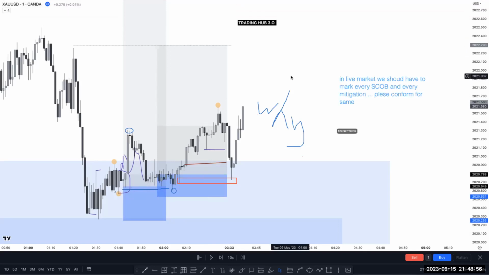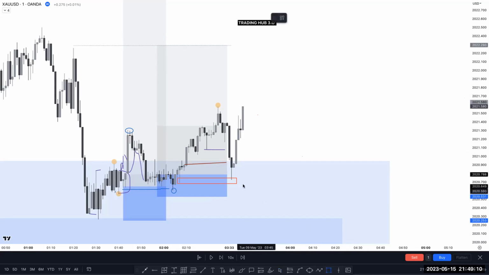In a live market, we have to mark every single order block, every mitigation. This one here.